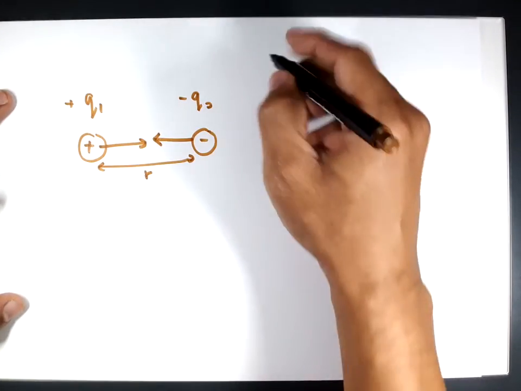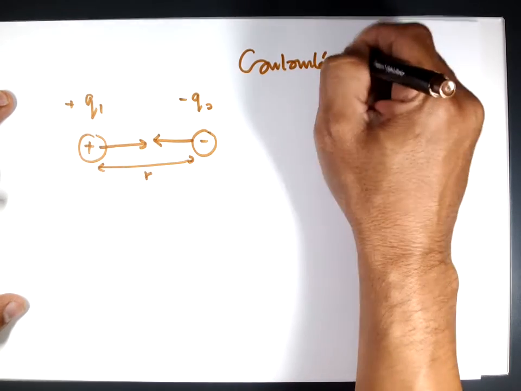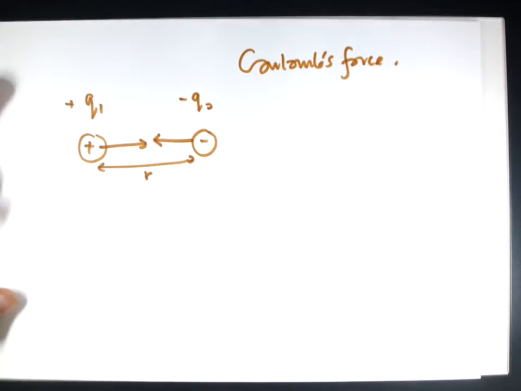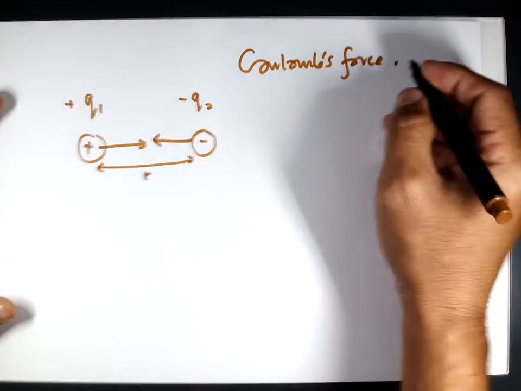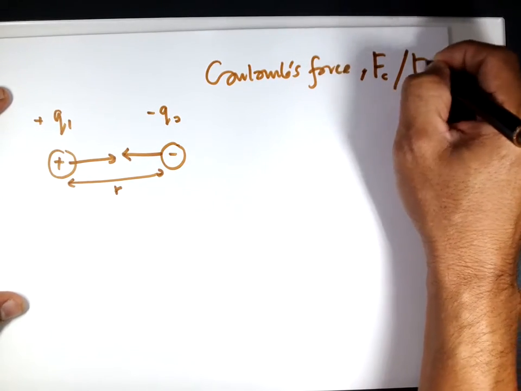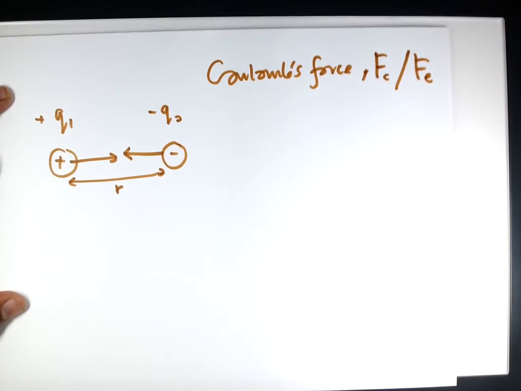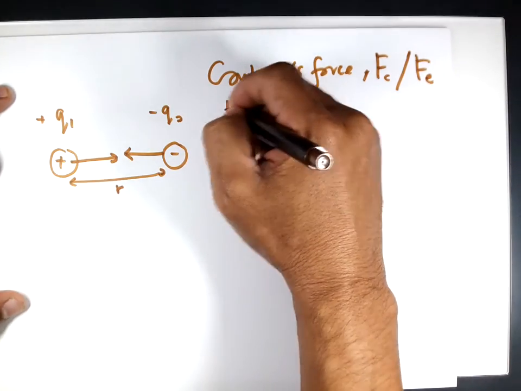So we have this, what we call Coulomb force, or in some books electrostatic force or electric force. Okay, boleh juga ada yang pakai FC, ada yang pakai FE, electrostatic force. So don't worry with that, it's still the same, or you just can write F.